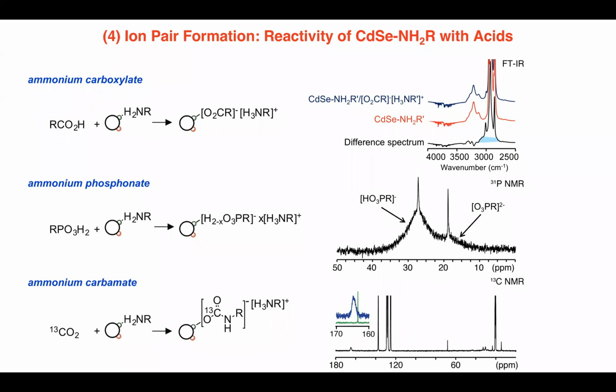These two experiments are interesting because the one on the top is not favorable in toluene solution unless the particle is present. pKa of a carboxylic acid is not low enough to protonate an amine in toluene. It is in water, solvent dielectric matters, and the particle provides that driving force in this case. Phosphonic acids are stronger acids and will protonate amines without the help of a quantum dot.